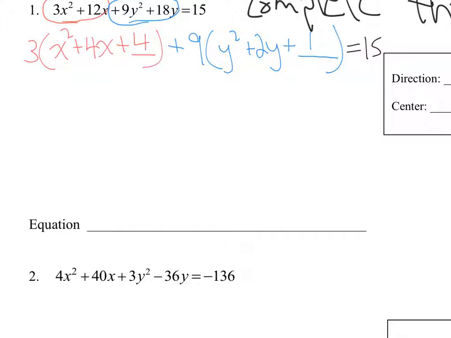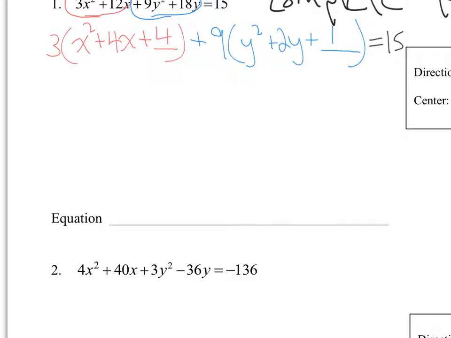Remember though, if we add some number, these two numbers, this 1 and this 4, we're going to have to add them to the other side. But remember, this time, we do not add 4 and 1. Remember where these numbers are. They are on the inside, so that means I have to distribute this 3. Distribute the 3 across.